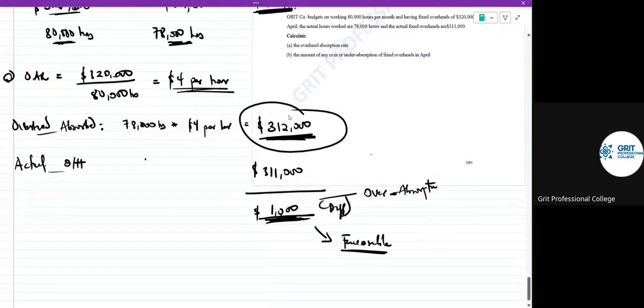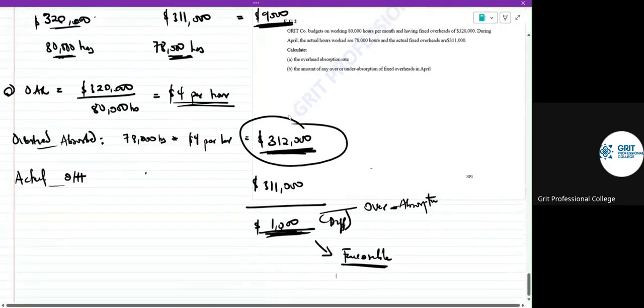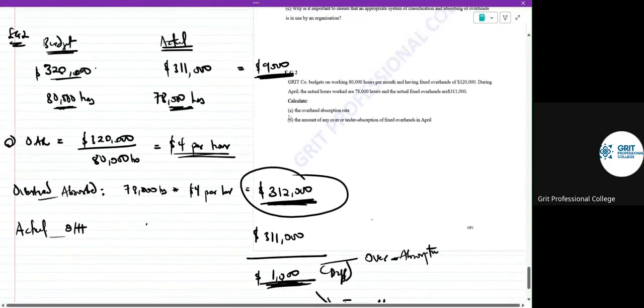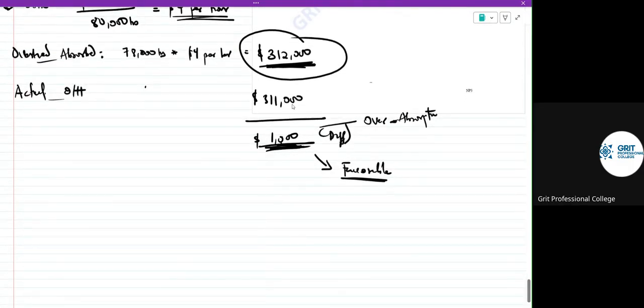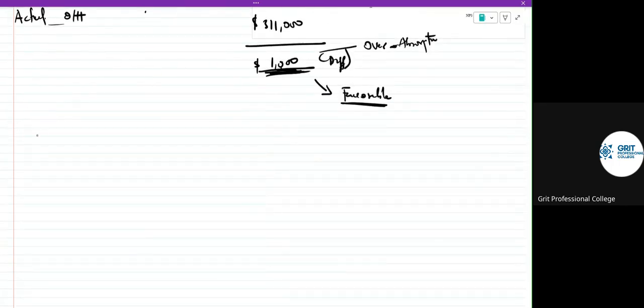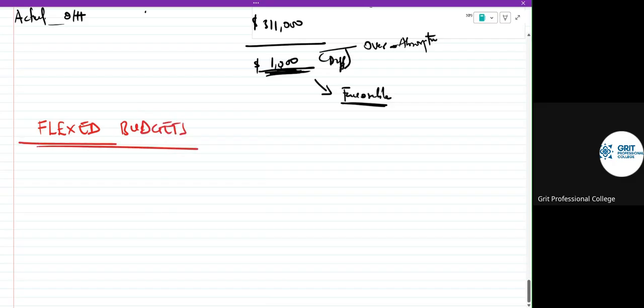Any question, please? If you have gotten this concept, what we have done here, very well, then when we get to what we call flexed budgets, flex budgets, we are going to apply the same idea over there.